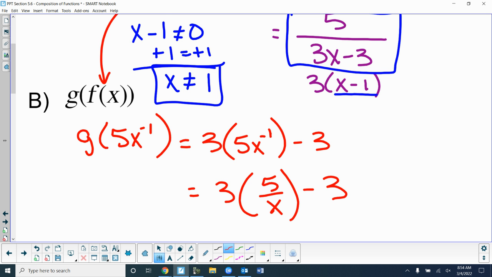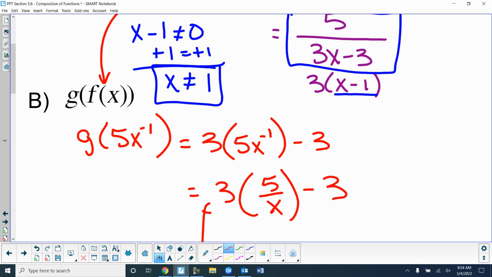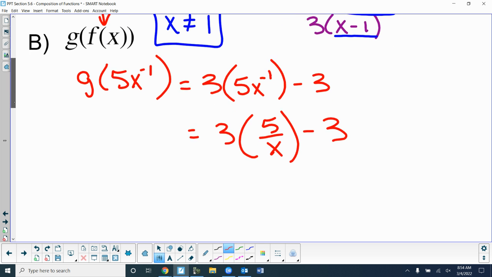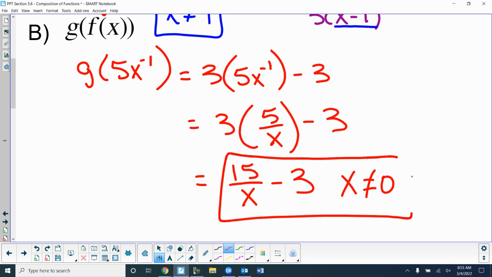Yeah, I multiply it, right? So what's 3 times 5? So all I'm multiplying is the 3 and the 5. So there's my answer. What's x not allowed to equal? No, that's okay. 0. Were you lying or were you both?